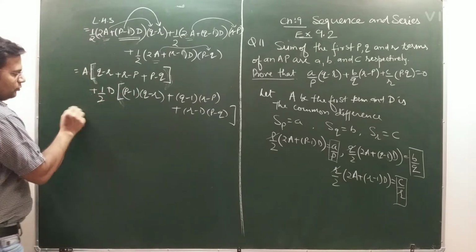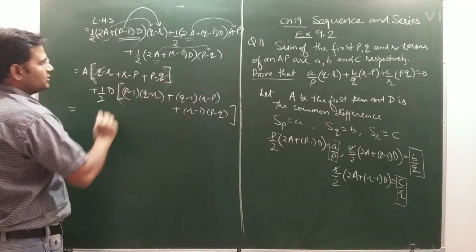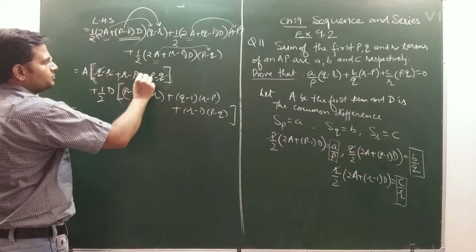Okay, now we can do the simplification. This Q will get cancelled, this R cancels, this P cancels.